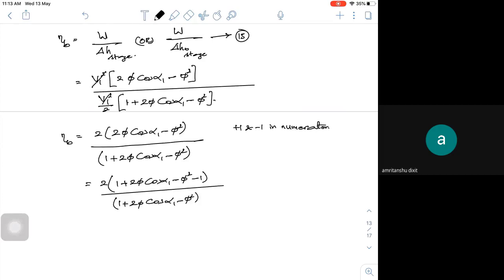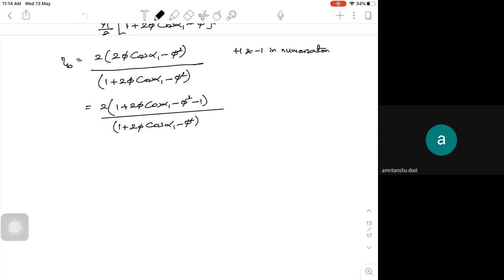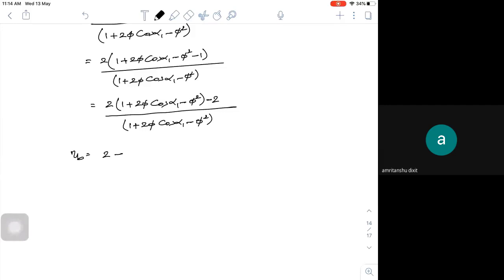Opening the bracket, the same equation I can write as 2 minus 2 divided by 1 plus 2 phi cos alpha 1 minus phi square.